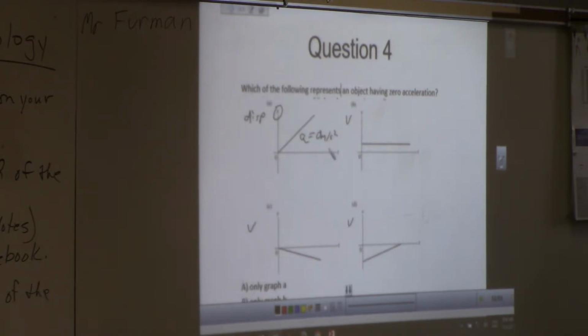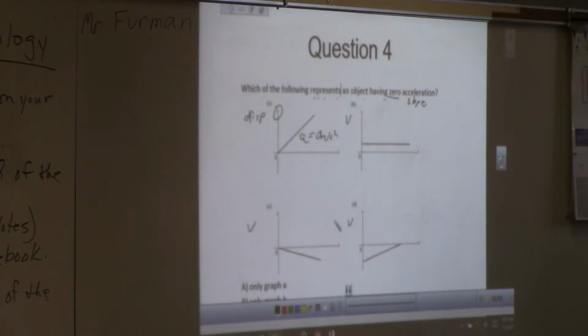Now let's look at the others. The other three are all velocity graphs. How do you get acceleration from a velocity graph? What characteristic of a velocity graph gives you acceleration? Slope. So we're looking for zero acceleration. So we want zero slope.